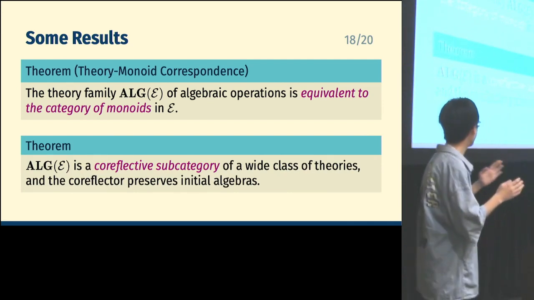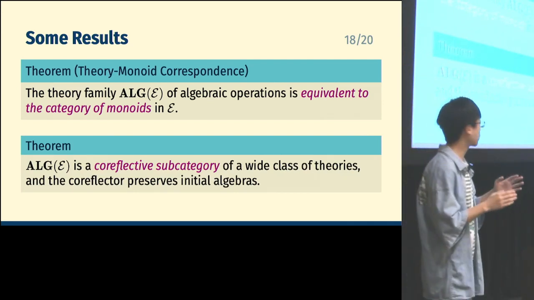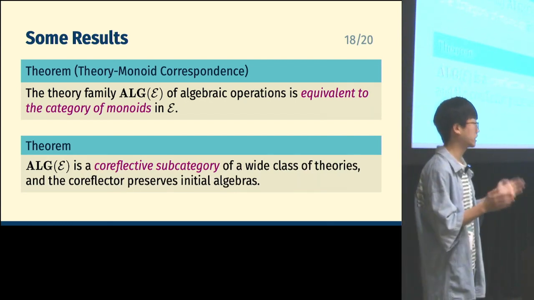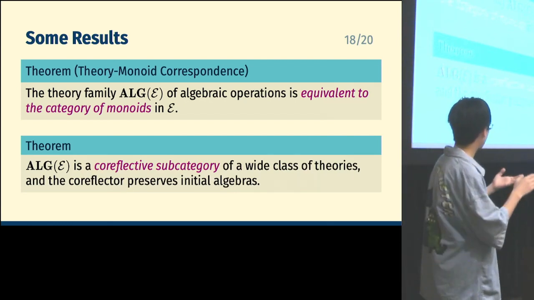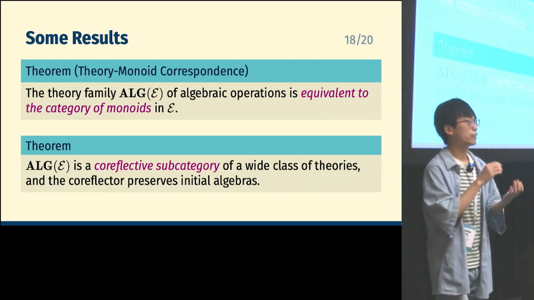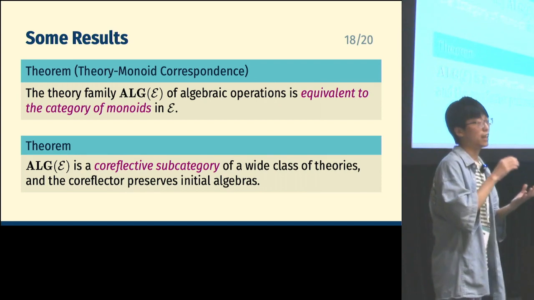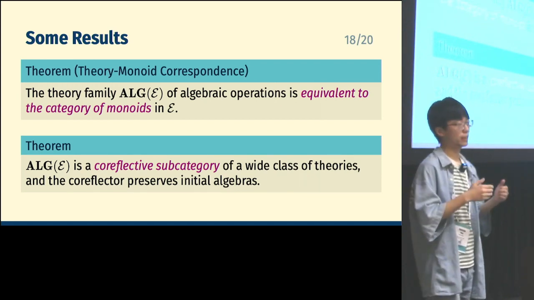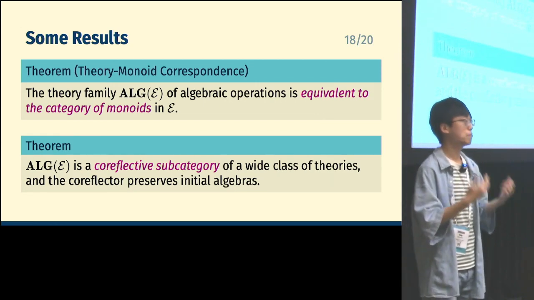And moreover, we can show that the theory family of algebraic operations is a coreflective subcategory of a very wide class of theories. And the coreflector preserves initial algebras, which practically means that as far as only the syntax is concerned, more complex forms of operations can be simulated by algebraic operations.